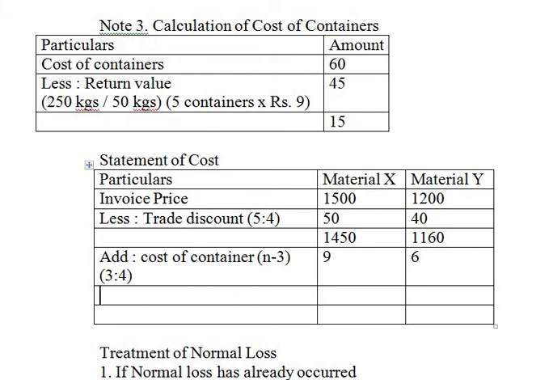Now next comes cartage and carriage. Again the ratio is 3:2. Check the total amount and distribute it: 45 and 30. Next is octroi duty.